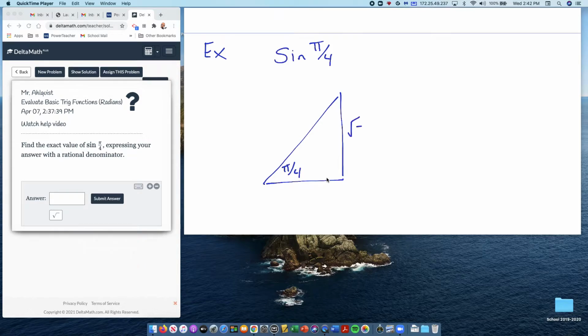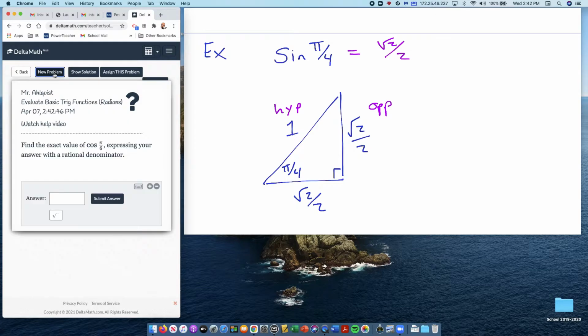So this is the square root of 2 over 2. This is the square root of 2 over 2. And this is 1. If the sine is the opposite side divided by the hypotenuse, then the sine of pi over 4 is the square root of 2 over 2. And it's as easy as that. Those problems should not be hard for you if you've done that previous work.